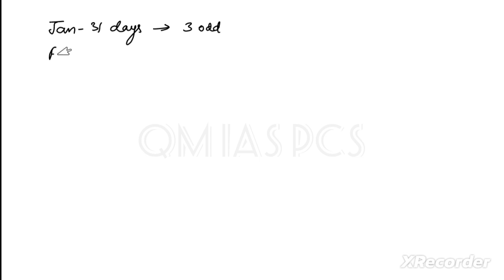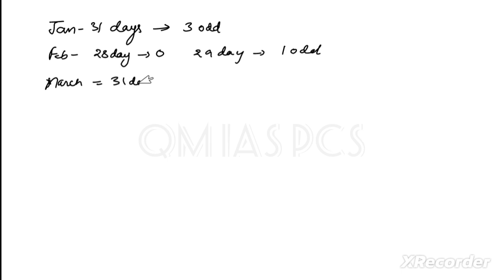For February, if there are 28 days, then we will say 0. If there are 29 days, then we will say 1 odd. Then for March, 31 days, again 3 odd.